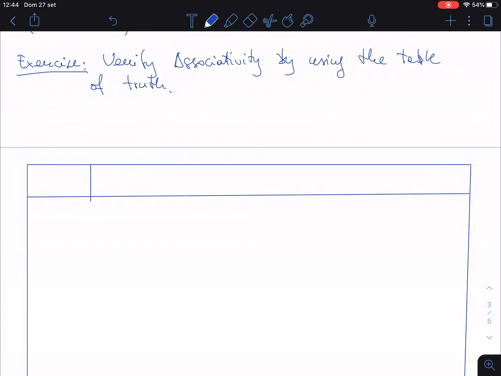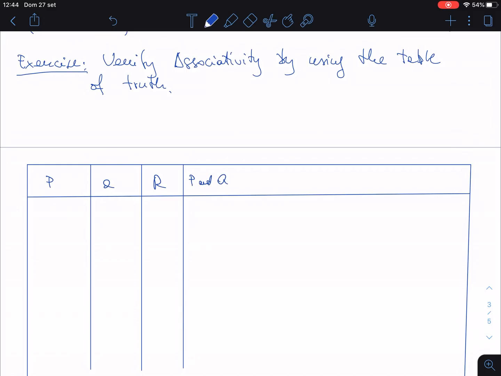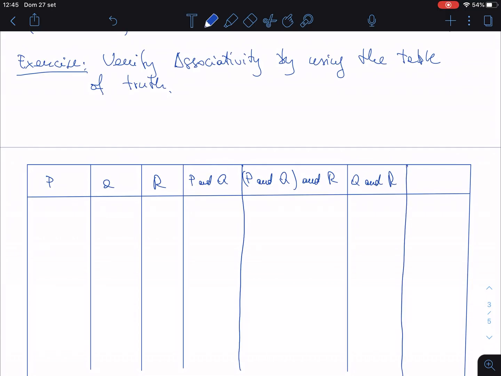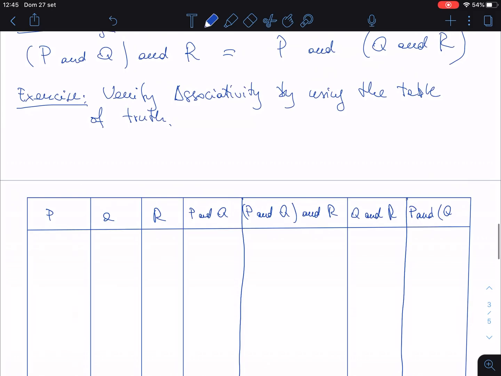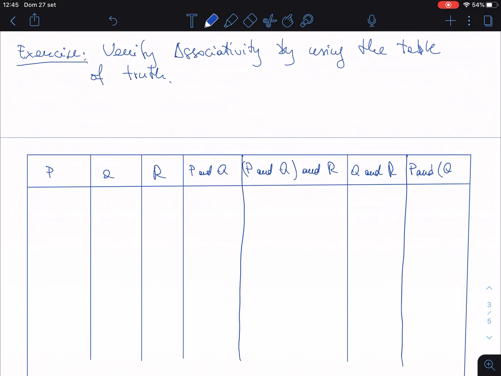So let me here do P, Q, R. So here you have P and Q, and here P and Q and R. Here you do Q and R, and here P and Q and R. Okay, let me use this symbol for the and.